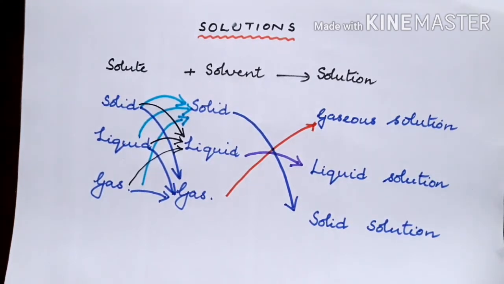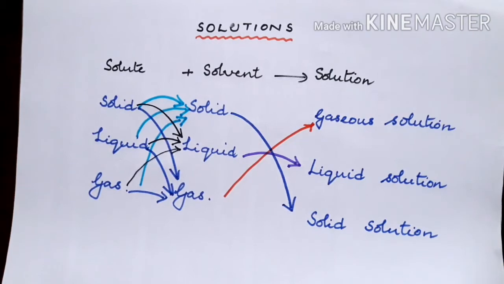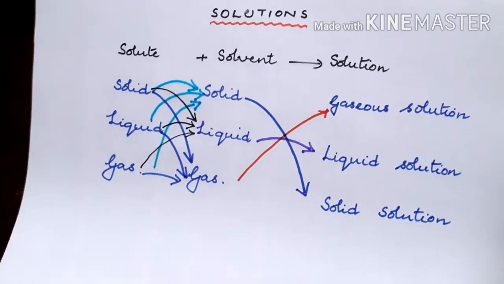But we will be restricting our study to the main type of binary solutions, the common example being solid dissolved in liquid. Here, if you are taking a sugar solution or salt solution, which will become the solute and which is the solvent? Evidently, sugar or salt becomes the solute and water becomes the solvent. So, if water is the solvent, we call it an aqueous solution.